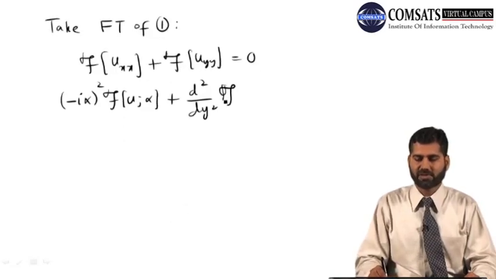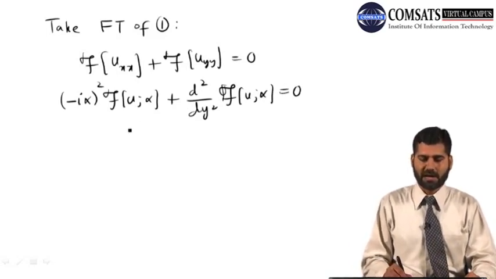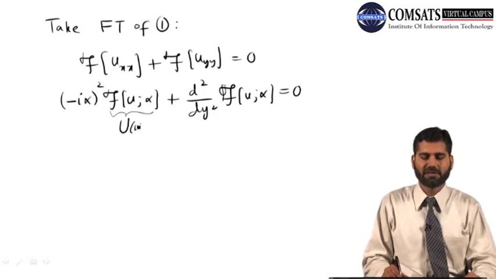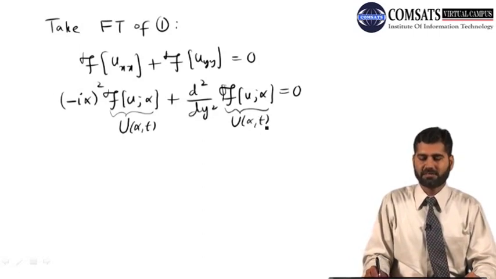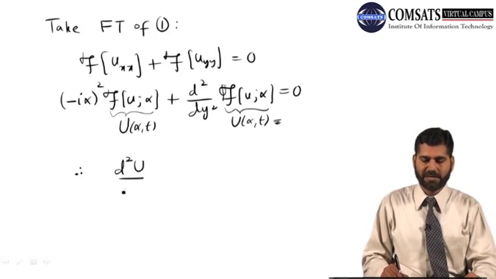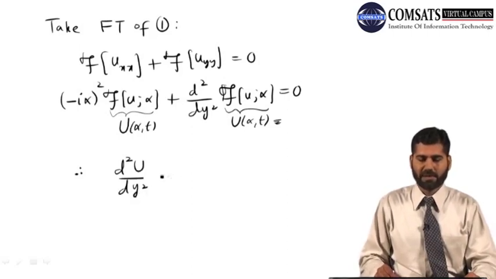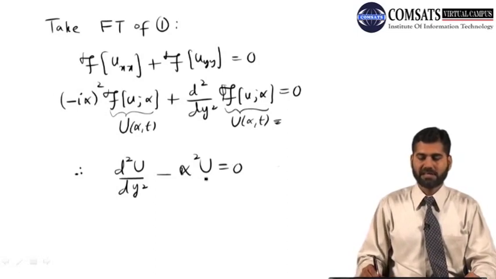So what I got is, let's call this capital U(alpha, y): d²U/dy² minus alpha² U is equal to 0.